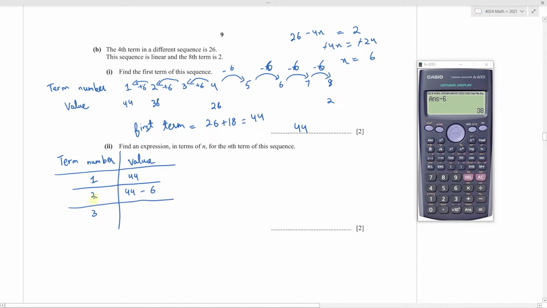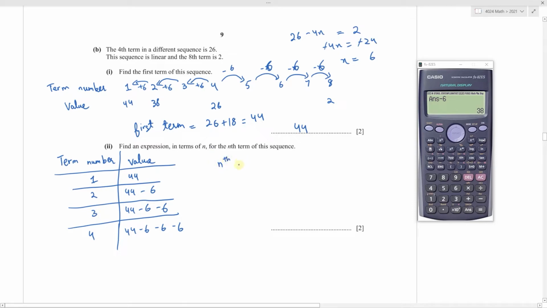Third term is what? You subtract 6 from the second term. So second term is 44 minus 6 and then you subtract another 6. Fourth term is you subtract 6 from the third term. Again, as in the previous part, how many times do you subtract 6? Here you have 3 times, which is 1 less than the term number. Here you are subtracting 6 2 times, which is 1 less than the term number.